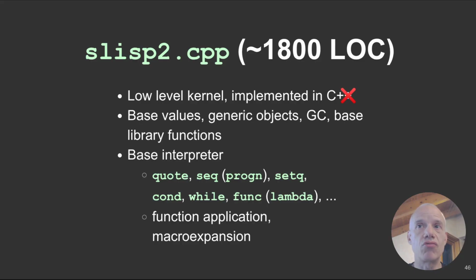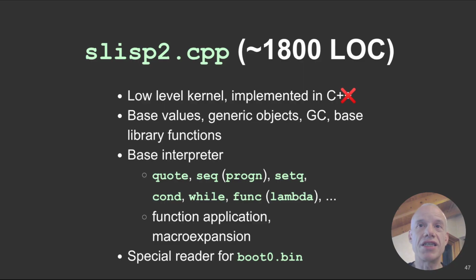And then there is, in addition to a few special forms, a function application, so function call, and macro expansion. And there is also a special reader that is actually able to read an S expression from a binary format.